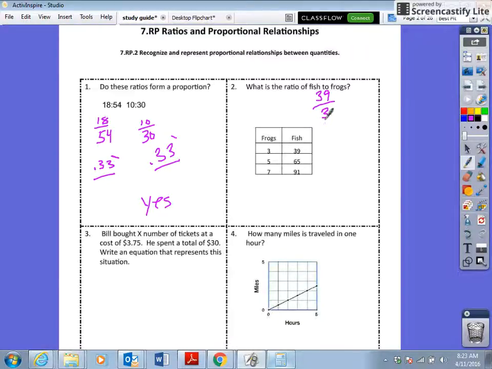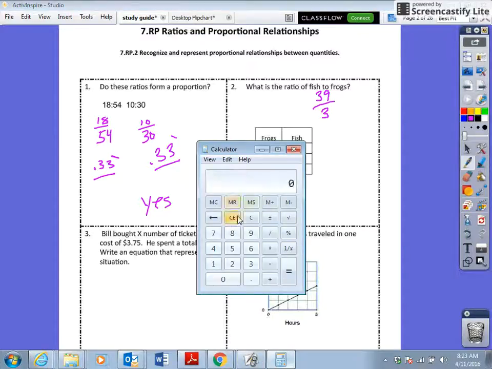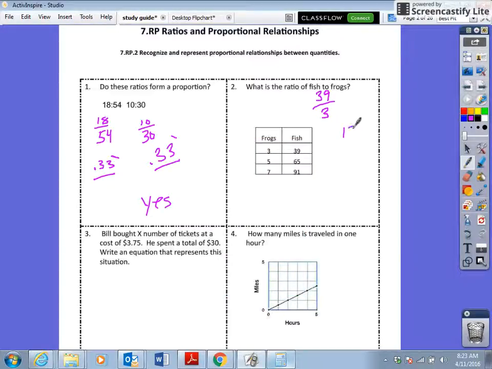So my unit rate, again, I'm going to divide 39 by 3. And I know a lot of us can do that in our heads, but hey, just so we don't make any careless errors, 39 divided by 3 equals 13. So 13 to 1. So for every 13 fish, there is 1 frog. And that is your ratio of fish to frogs.